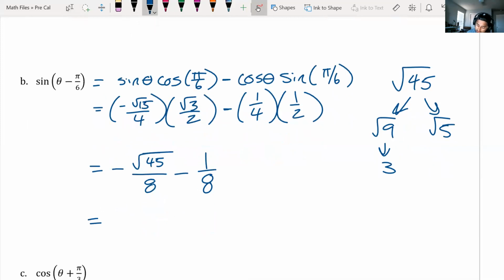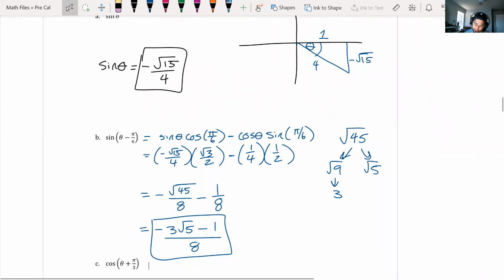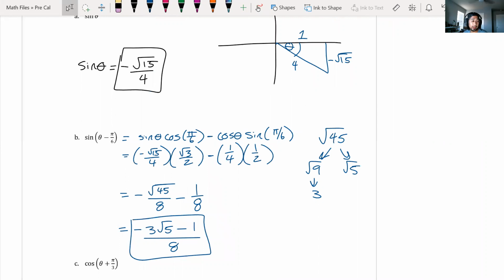So you'd get negative 3 radical 5 minus 1, all over 8. So ugly. Okay, good with that?